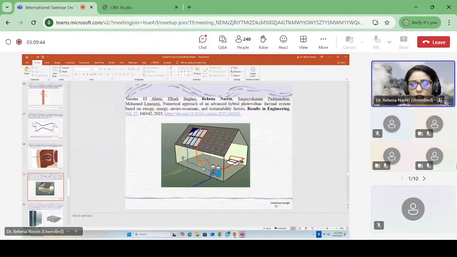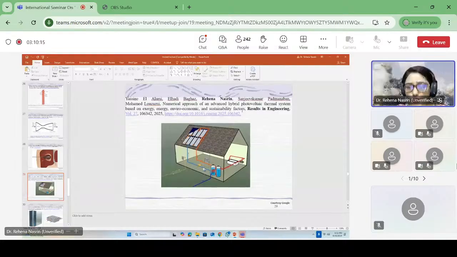Here we can flow cold water, and after passing this photovoltaic module, we get hot water or heat energy. We can save this heat energy and use it for household purposes, like taking a shower, cooking, dishwashing, or swimming pool water heating. Many more things we can use it for.